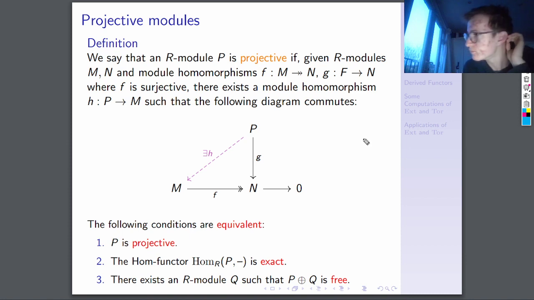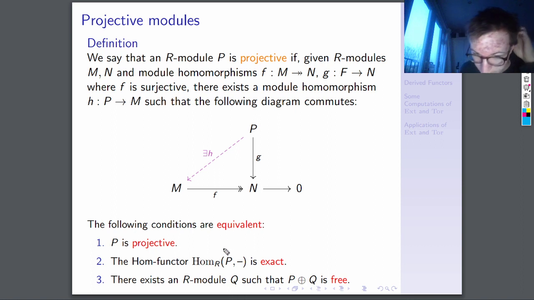The third of those equivalent conditions makes me think that morally one should think about this as a kind of splitness property, the same way that in a short exact sequence, if you have a splitting, then something is a sum of other things. Is there an intuitive way that you would suggest we think about projectivity that's analogous to that?